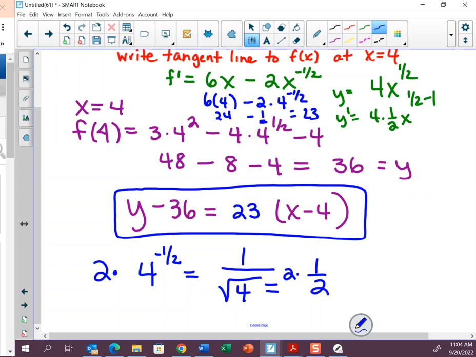Guess what? You're going to have to. 4 to the negative 1/2. You have to be able to evaluate with negative exponents, with fractional exponents, with negative fractional exponents. If it's not something that comes out nicely, then we're going to have an ugly root in our answer.